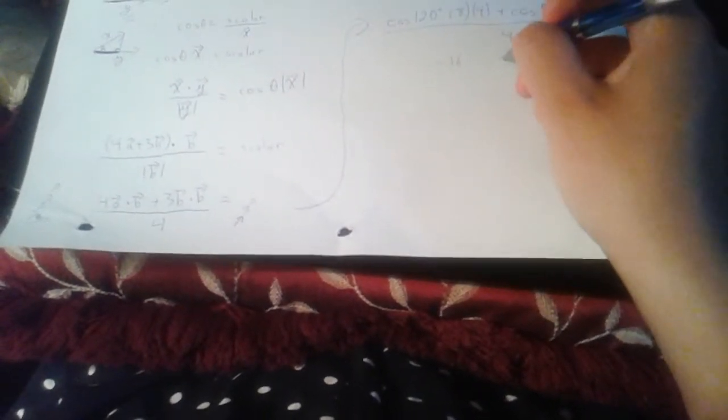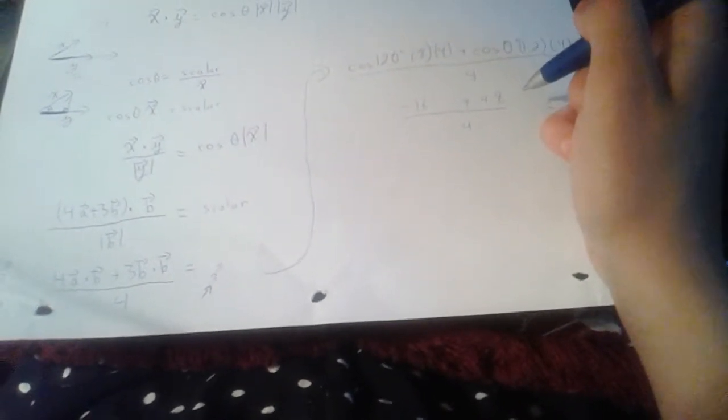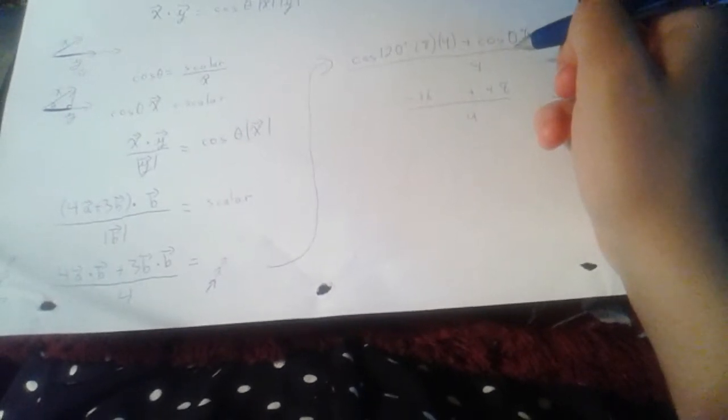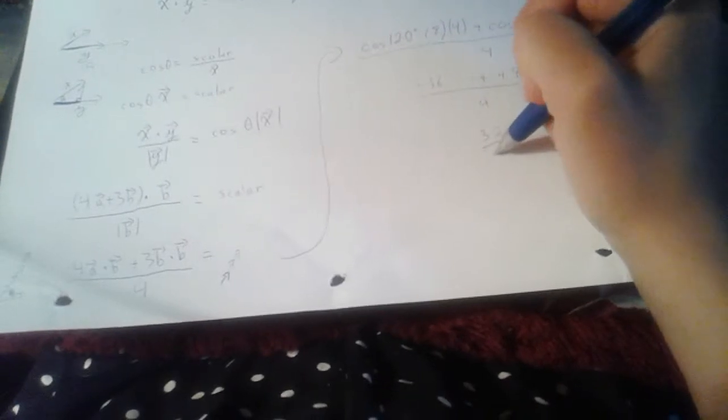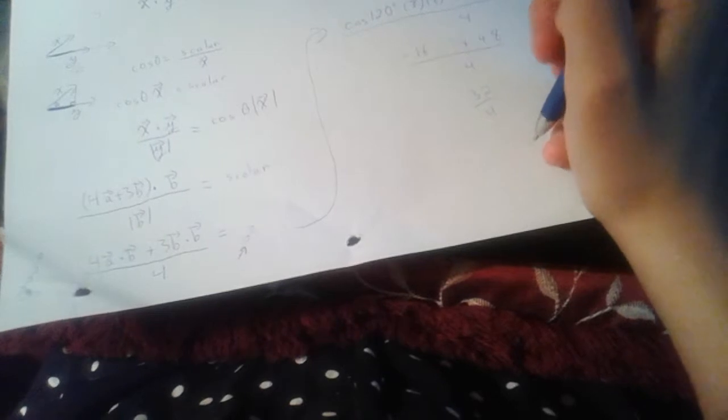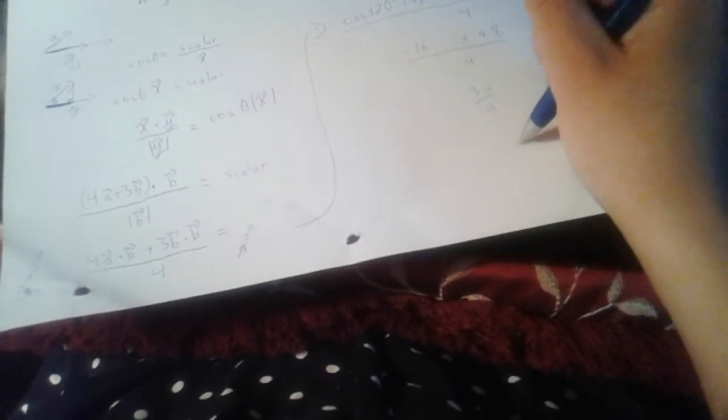Now I already punched this into my calculator, and this is negative 16 plus 48 over 4. Now it just becomes simple math. 48 minus 16 is 32, divided by 4. 32 divided by 2 is 16, divided by 2 again is 8.